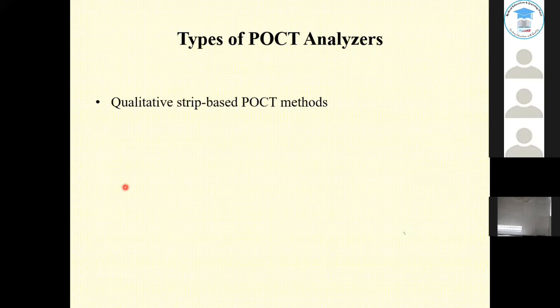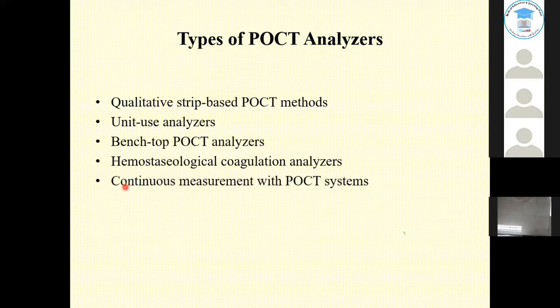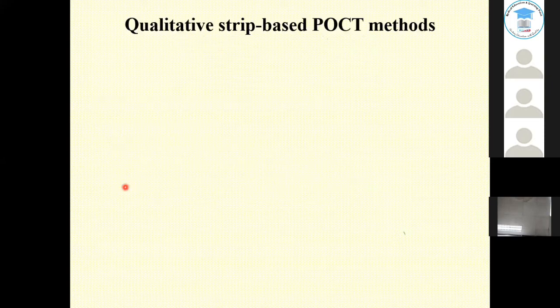I'll just very quickly go through the different types of technologies available for POC. One is the qualitative strip-based POC, unit-use analyzers, then benchtop POC analyzers, hemostasiological coagulation analyzers, continuous measurement systems, and finally, molecular biology-based POC devices.